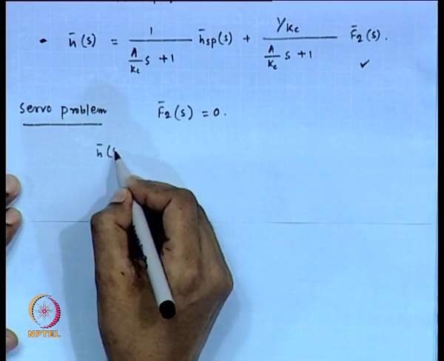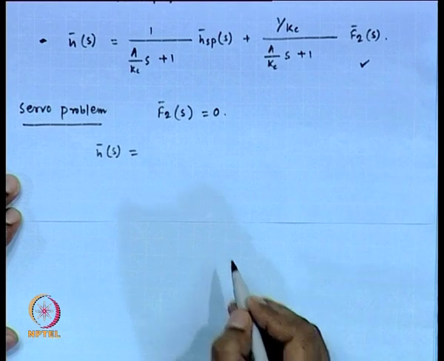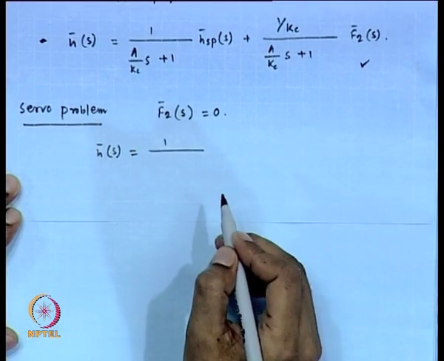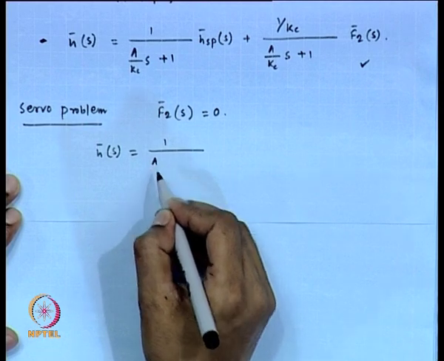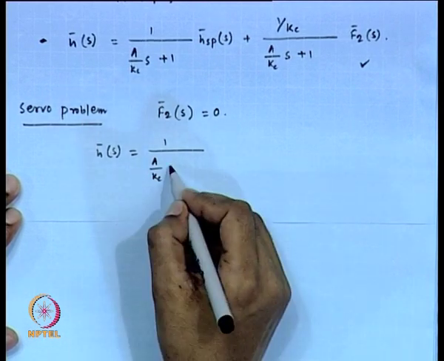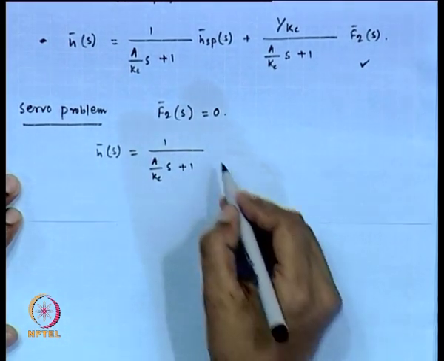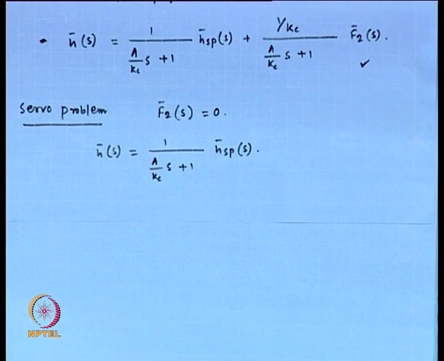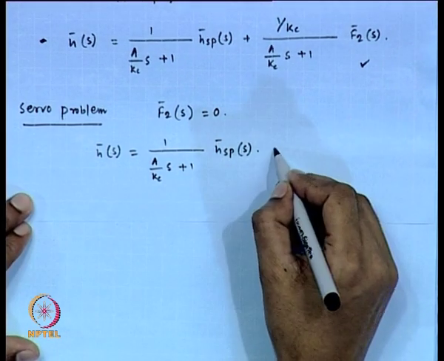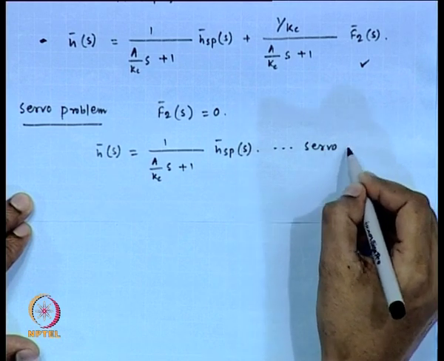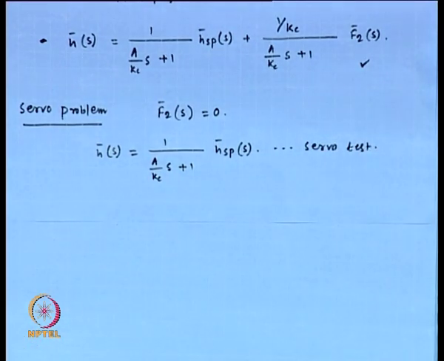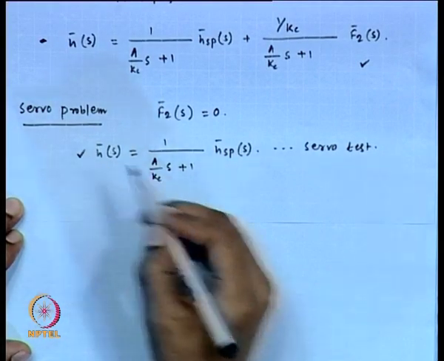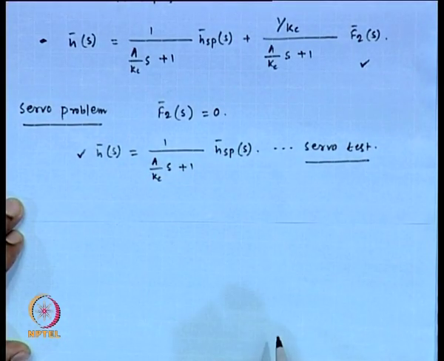Accordingly, the closed loop transfer function becomes H bar S equals 1 divided by (A by K C S plus 1) H set point bar S. This is for the servo test. Considering F2 bar equals 0, we get this closed loop transfer function for the servo problem.